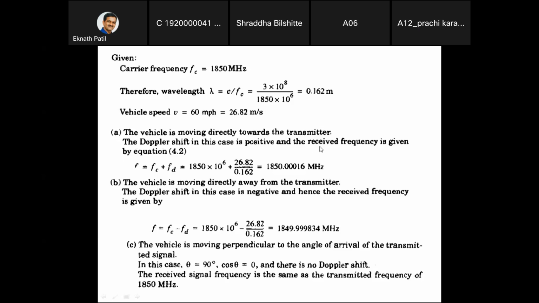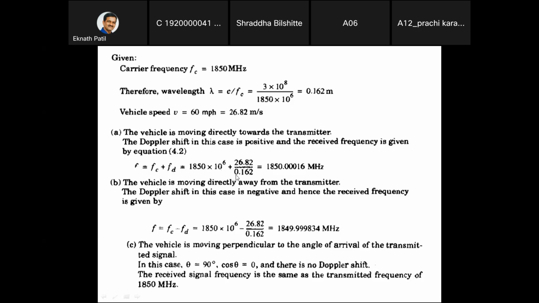The Doppler shift in this case is positive, and the received frequency is given by f equal to fc plus fD. When the vehicle moves towards the transmitter, the shift is positive. So 1850 into 10 raised to 6 plus 26.82 divided by 0.162. Cos theta is taken as cos 0, that is 1.